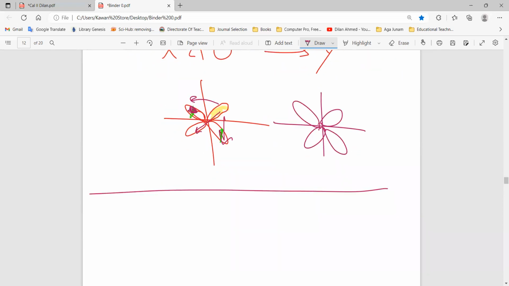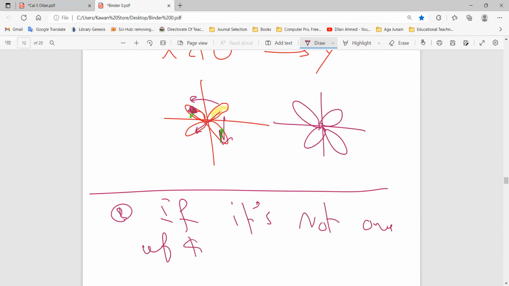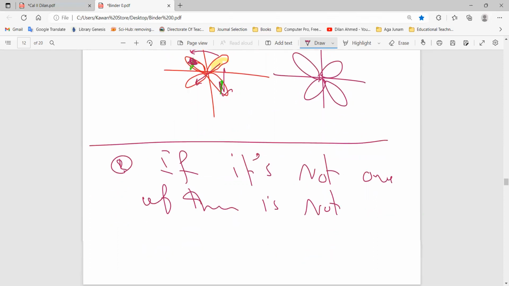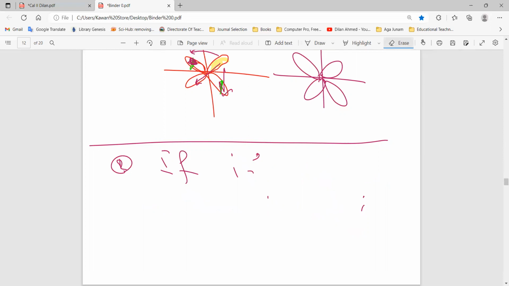Okay, the second note. Let me restate it.